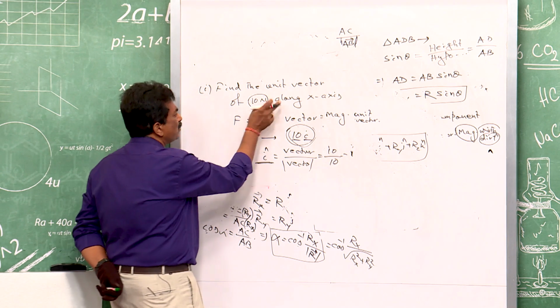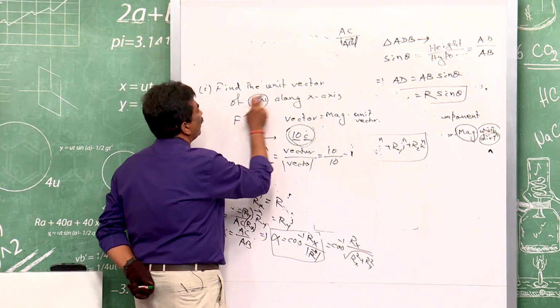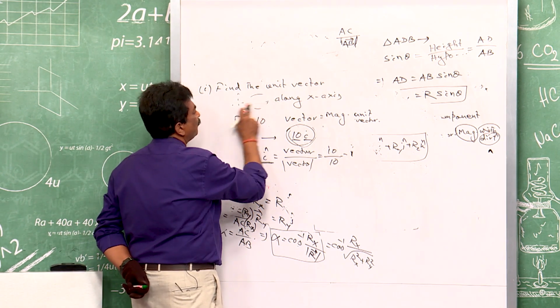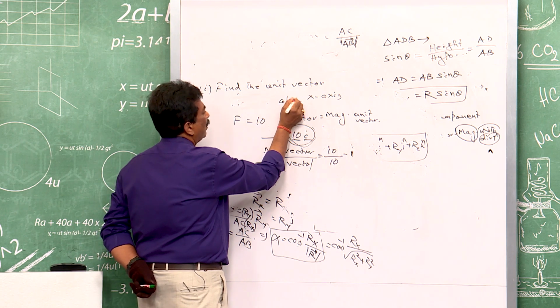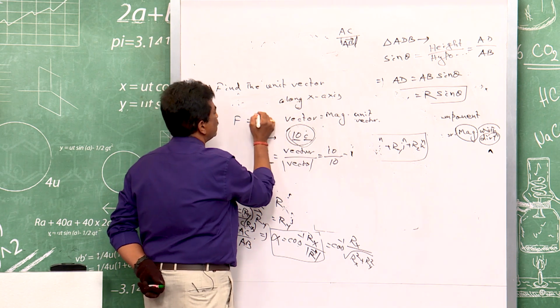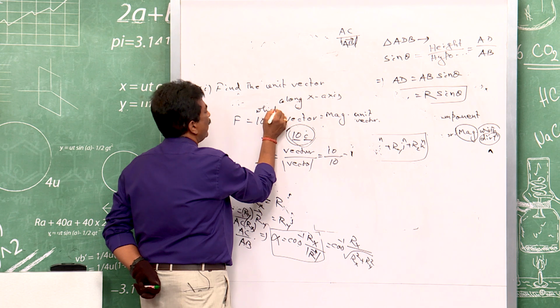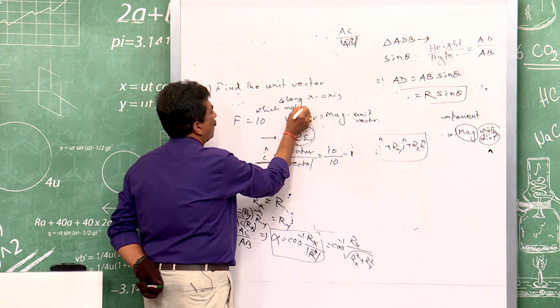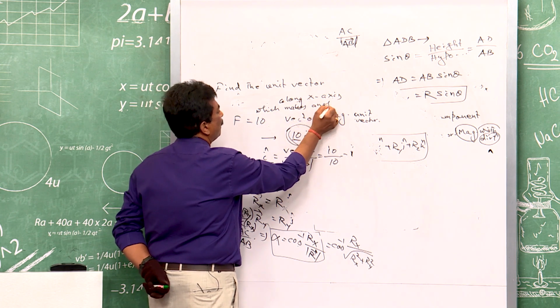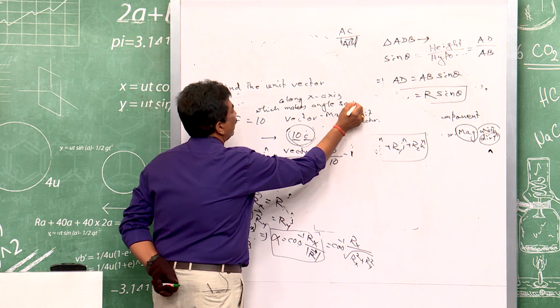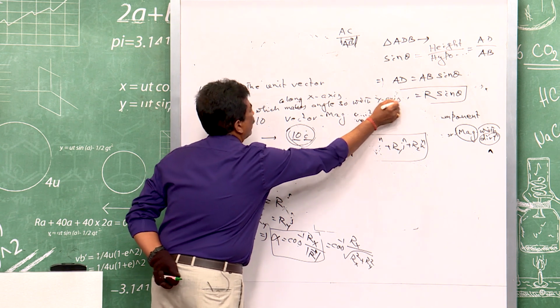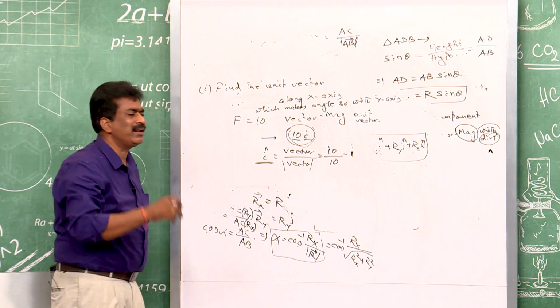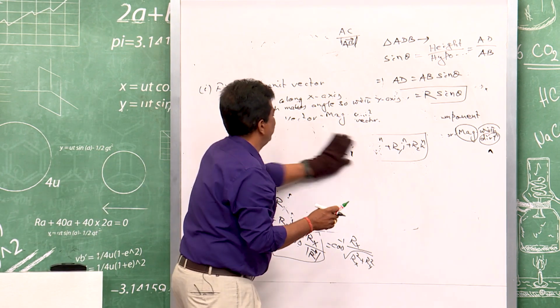So, if the question is for the same one, find the unit vector along the x axis which makes an angle of 30 degree with the y axis.